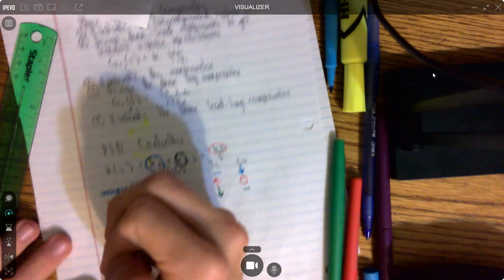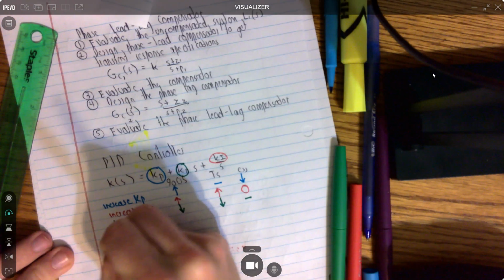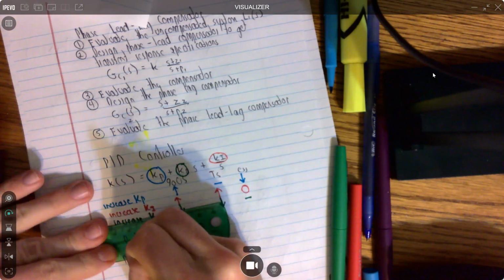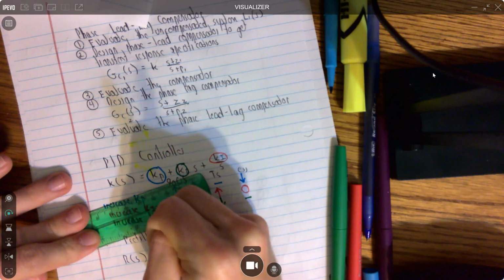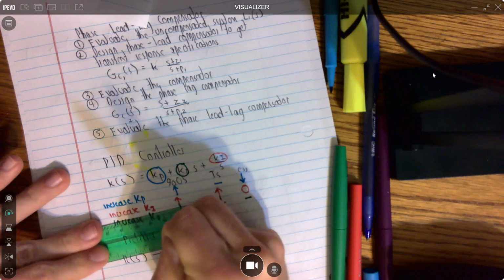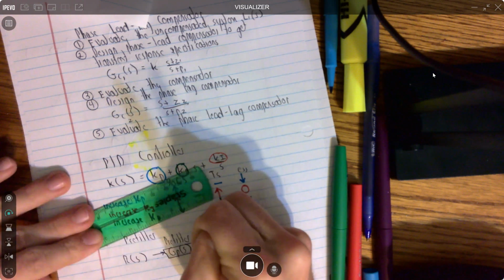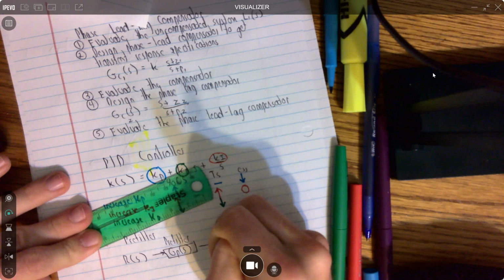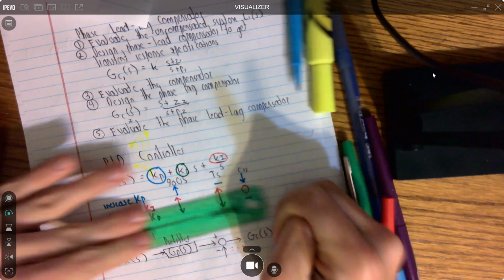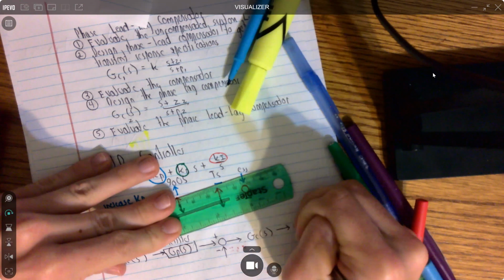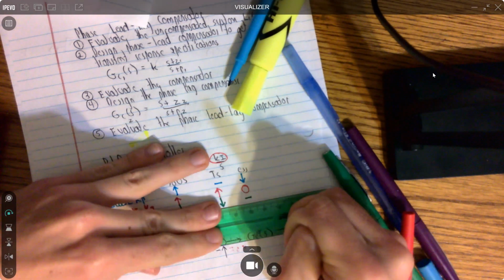So we have our R of S here. And then we go through our pre-filter, which is GP of S. And then it's going to go through a summing block here. Then we're going to go through our compensator. Then we're going to go through our process, and then we're going to go to our output. So our output C of S here.